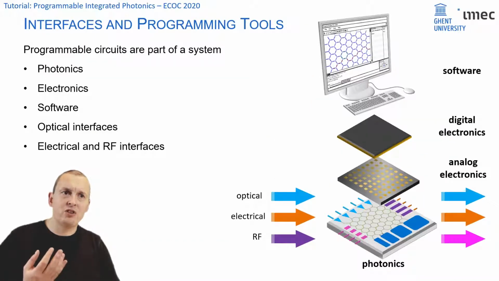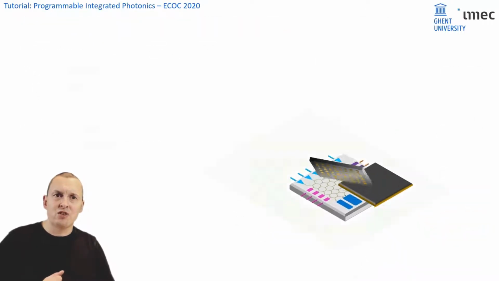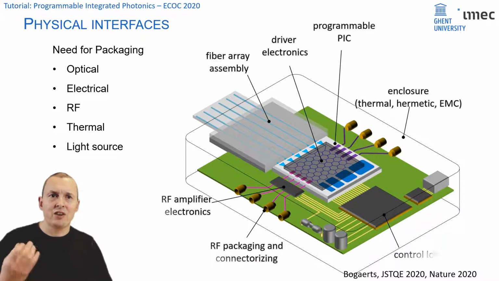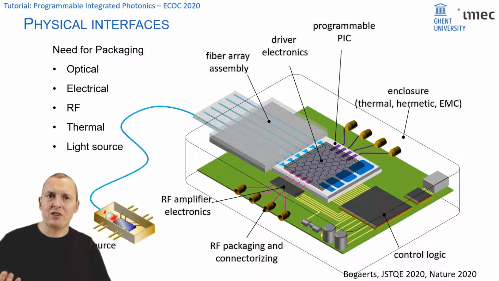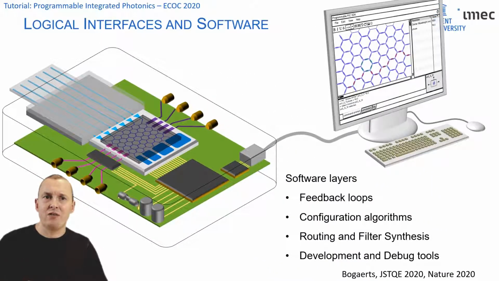So we're not just looking at hardware, a chip that gives you optical and electrical connections, but also the software layers to configure everything. So this, in the end, could look like something like this, where you integrate your electronics, your photonics, and your RF ports into a small compact package. And attached to that, you have your software layers, your design kits, and your debug tools that allow you to configure such a circuit.